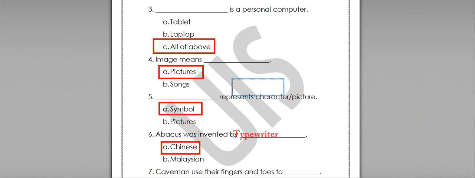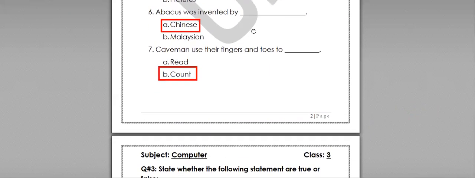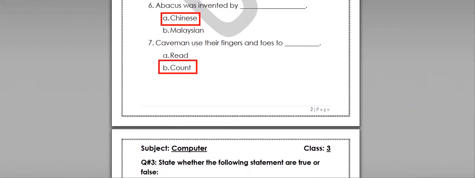Now, abacus was invented by Chinese or Malaysians. So the right answer is the Chinese. Point number 7, cavemen use their fingers and toes to count. So they use it for counting. Remember, fingers are in the hand and toes are in the feet.